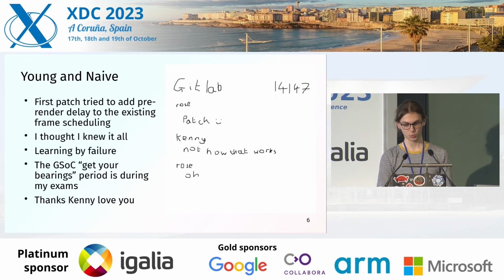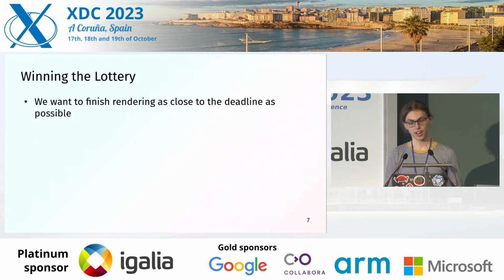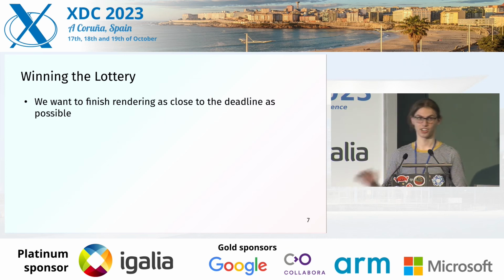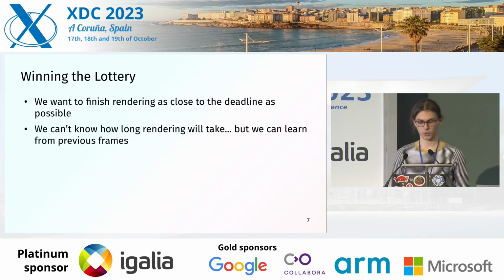So we know that we want to finish rendering as close to the deadline as possible. And if we go over, that's tragic, because then you have to wait for the next refresh to come around, which is even later. And we don't know how long it's going to take to render, but we can guess.